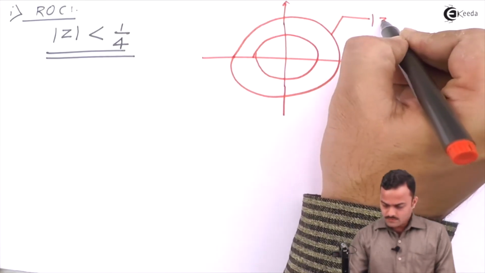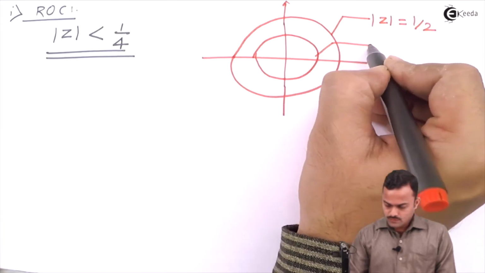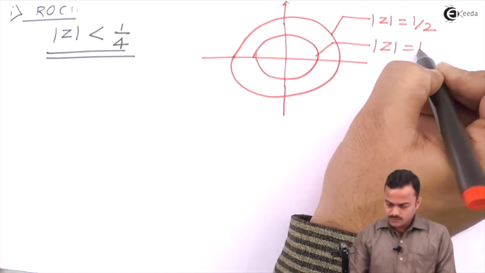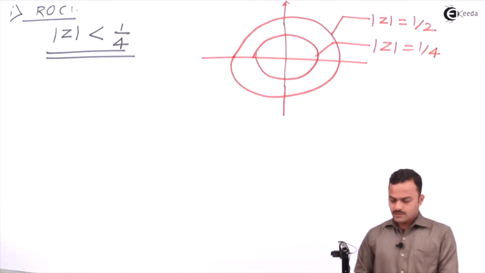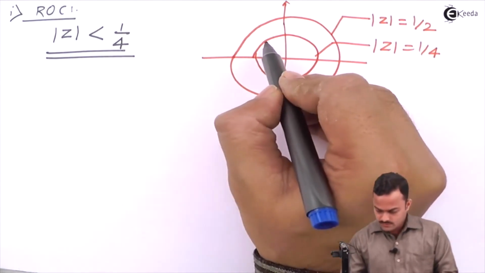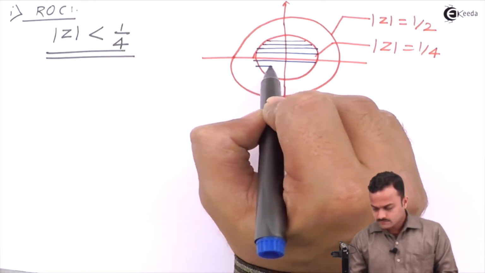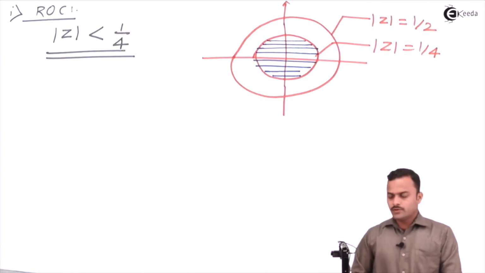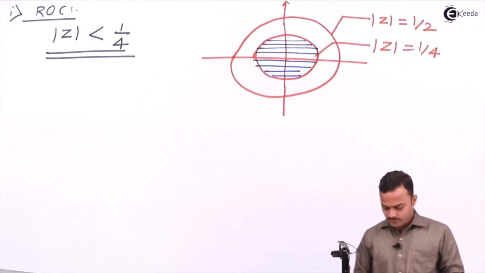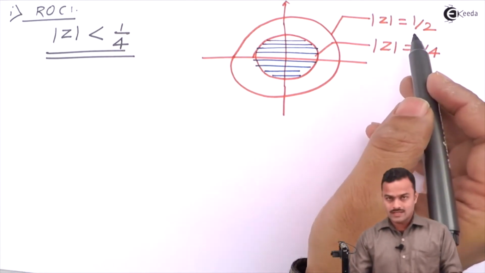This is mod z equal to 1 by 2, and this is mod z equal to 1 by 4. I said it is inside the innermost, so I'm talking about this region. If it is inside the circle mod z equal to 1 by 4, obviously it is inside the circle mod z equal to 1 by 2 as well.